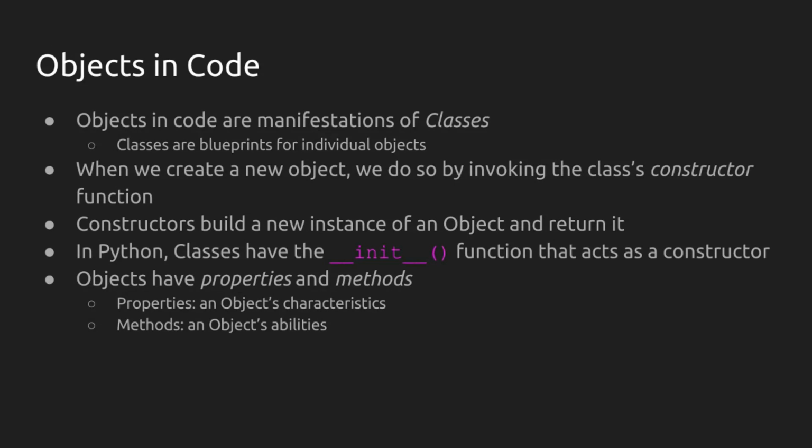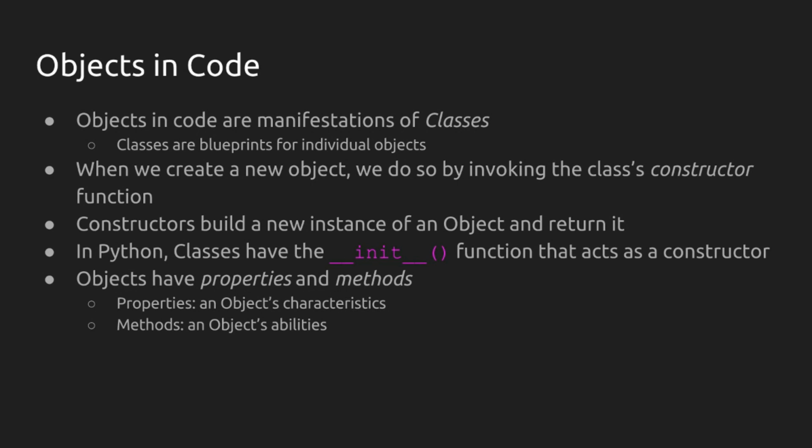Now when we do that, what we're doing is we're invoking the class's constructor function. So classes have functions built into them. What constructors do is they take the information you give the constructor to make that object individual, unique, and with those general universal characteristics creates a new instance of an object and returns it.